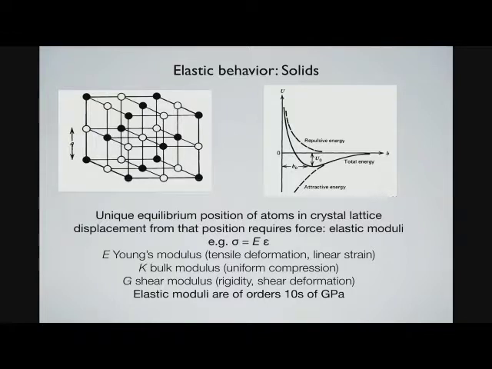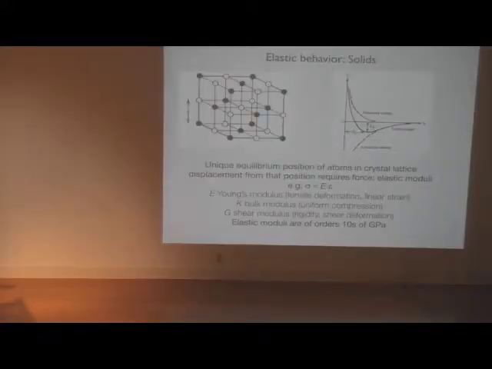You have a positive nucleus, negative electron shell, so you're trying to optimize the arrangement of these atoms, and you end up with this potential here, a sum of repulsive and attractive energies. Right? And you can see that in this potential, there's a position where the energy is at a minimum. That's at 0 Kelvin, that's where the atom will be.